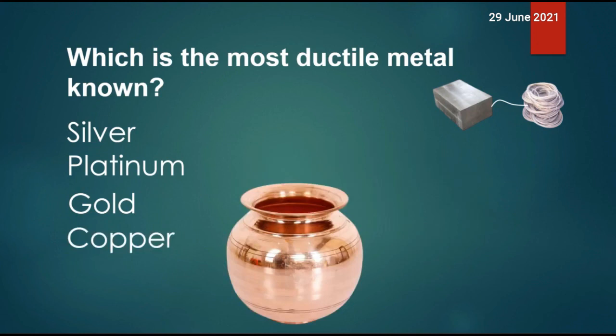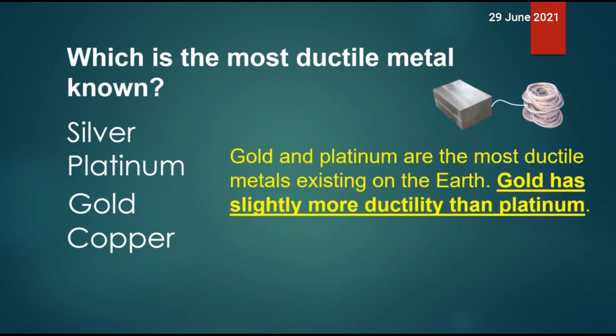Gold and platinum are the most ductile metals existing on the earth. But gold is slightly more ductile than platinum. And that is why different kinds of ornaments and designs can be made using gold.